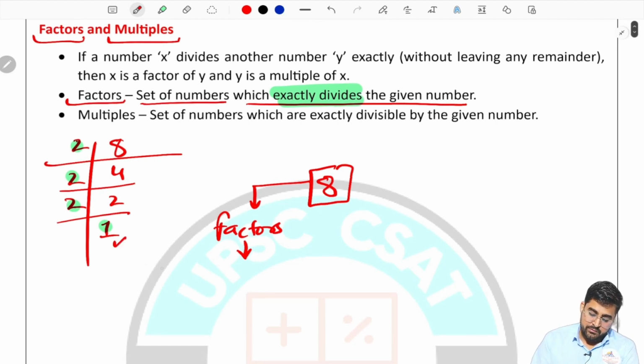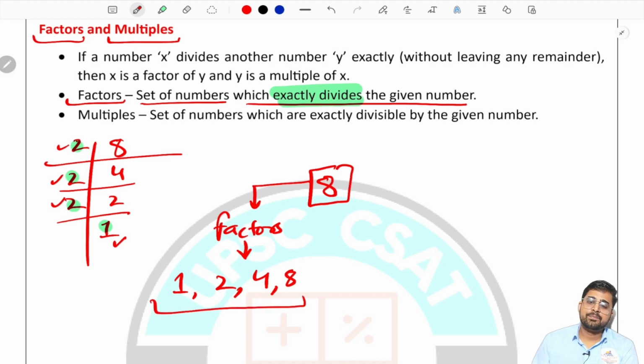So let's start from 1 itself, because 1 is like a god. It will be multiplied by anything, it will be divided by anything. So 1 is there. Now take 2. Now again you want to write 2? No, club them. 4, club them, it becomes 8. Any other formation? No. Everything is covered? Yes. So the factors of 8 are 1, 2, 4 and 8. Very well.